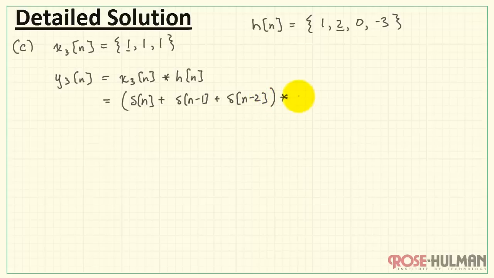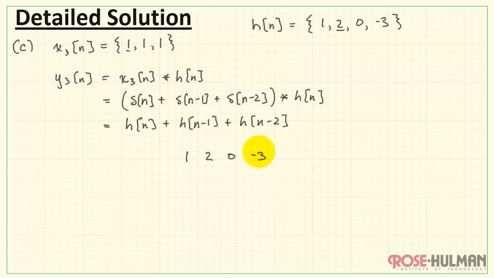We then convolve this with h. I'll distribute h across the sum of those impulses. And we have, as we did in part B, a sum of shifted impulse responses. I will use polynomial multiplication as a way of organizing this calculation.